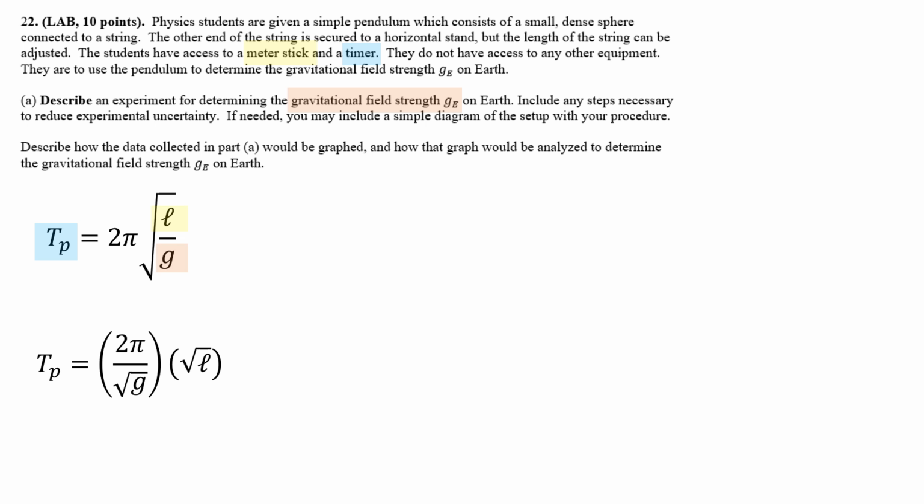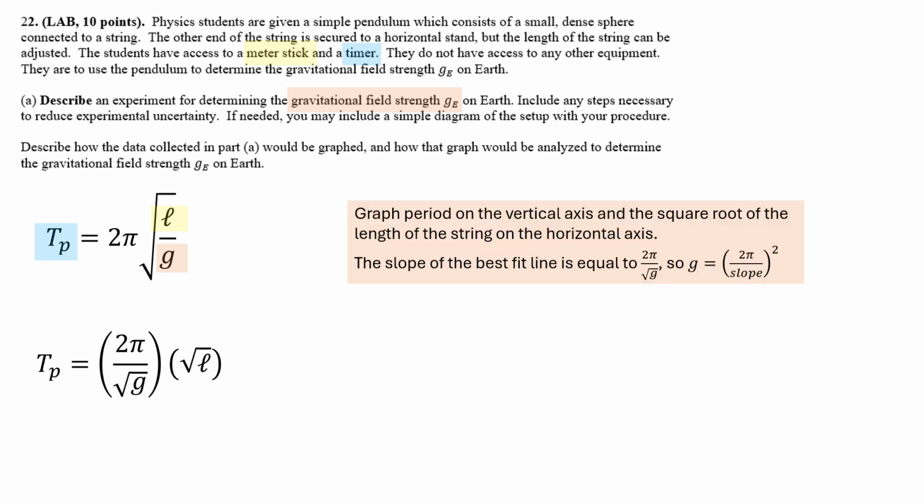So now T is going to be my vertical axis, square root L will be my horizontal axis, and the stuff that's in parentheses, 2 pi over the square root of g, would be the slope of the best fit line. So to get g, do a little bit of algebra real quick: just take 2 pi over the slope and square it to get g.